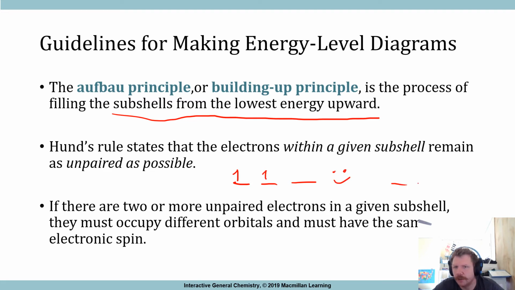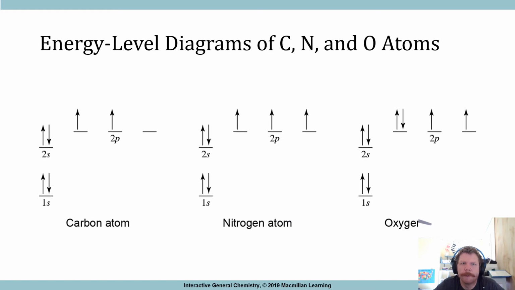You would not do this, 1 up, 1 down, because they're going to be paired up, and you want to keep them as unpaired as possible. If there are 2 or more unpaired electrons in a given subshell, they must occupy different orbitals and must have the same electronic spin, which is what we see here. That's due to Hund's rule.